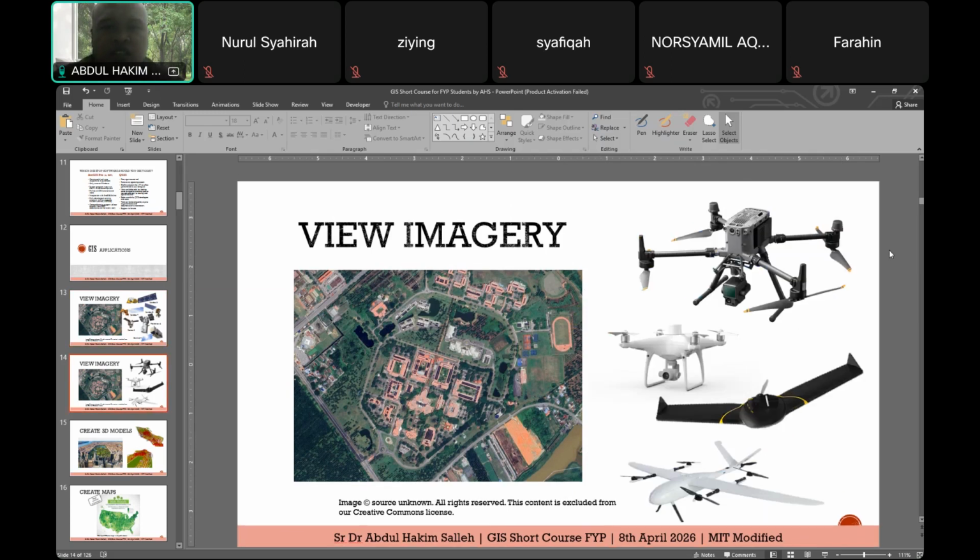Okay, next, there are cheaper options, of course. By spending 50,000 ringgit, you can get a single image from the satellites, or you can take that 50,000 ringgit and purchase a drone. Drones nowadays are getting much cheaper for doing the mapping, but the problem is the technology is quickly developed.